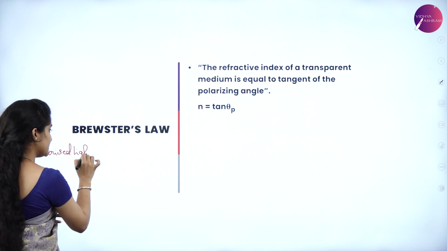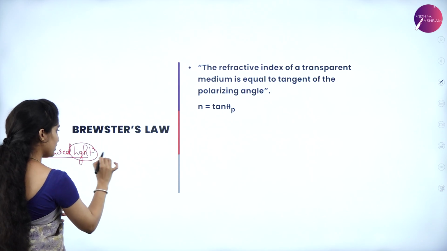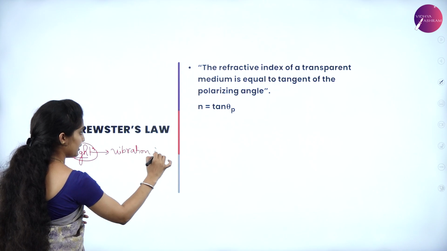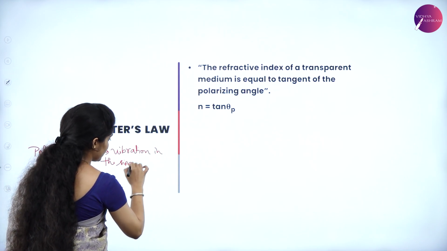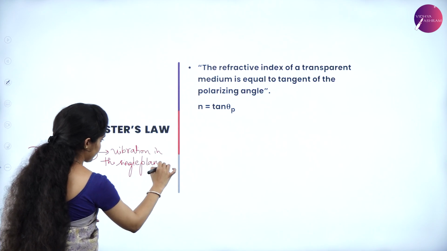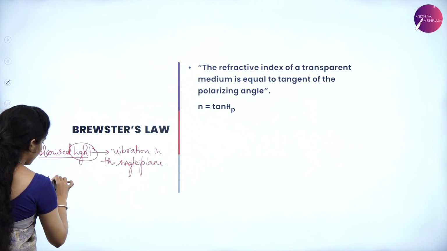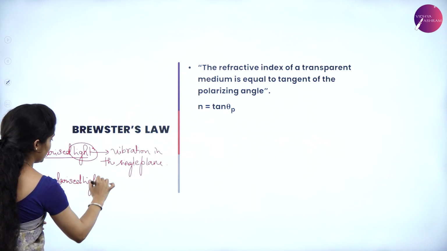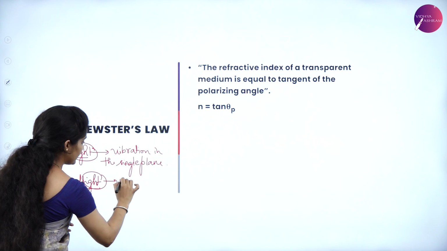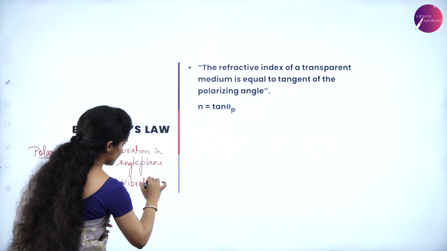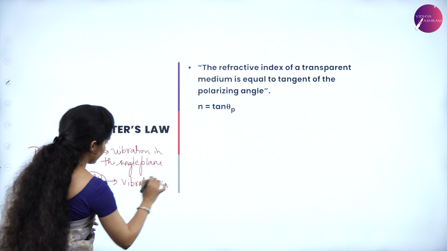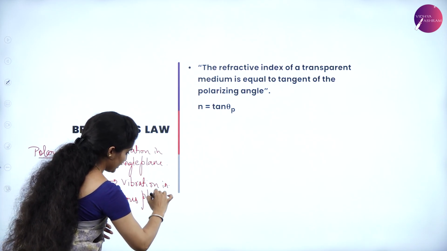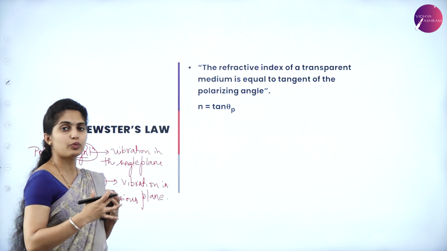Polarized light means the light which vibrates in a single plane, whereas unpolarized light means the light which vibrates in various planes. It has more than one plane in which it vibrates.